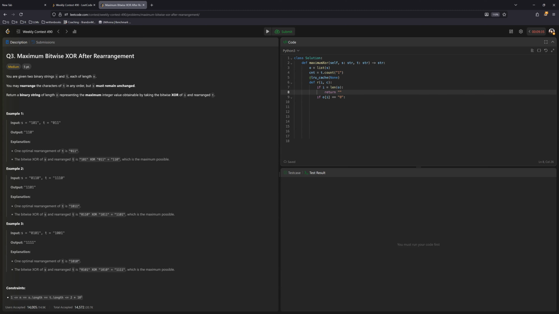How am I going to return this? Yes. If C equals 0, then return O of I plus R of I plus 1.